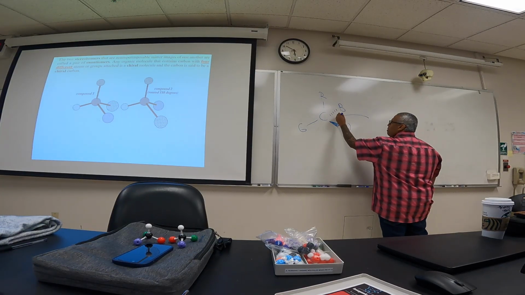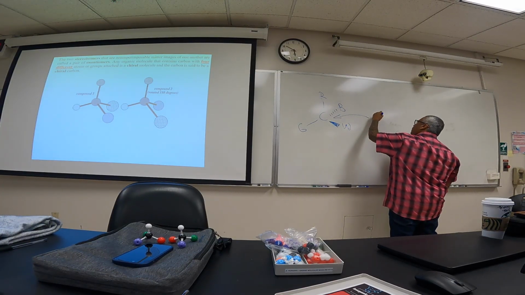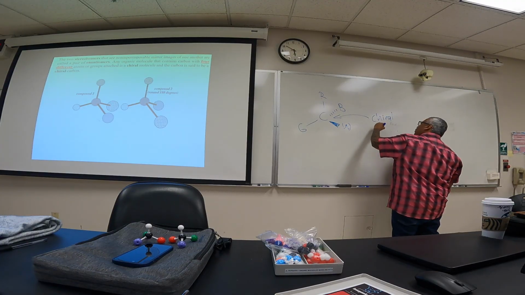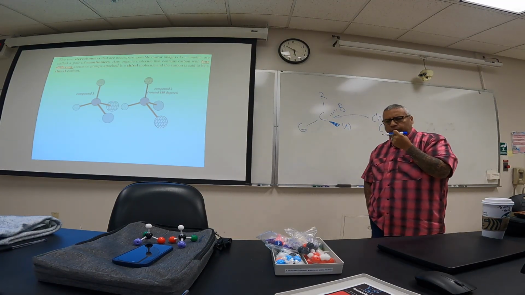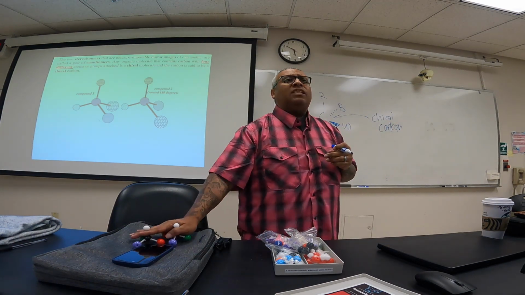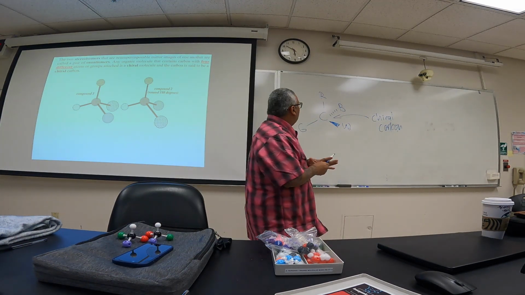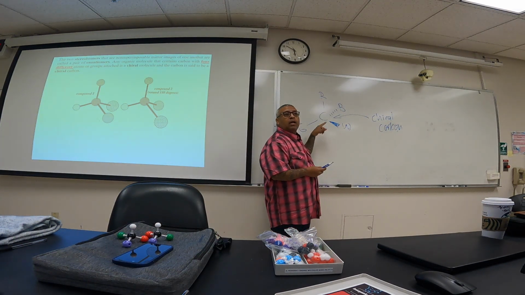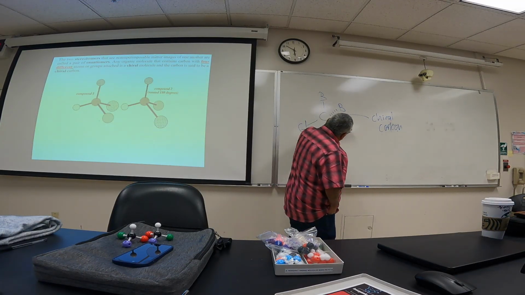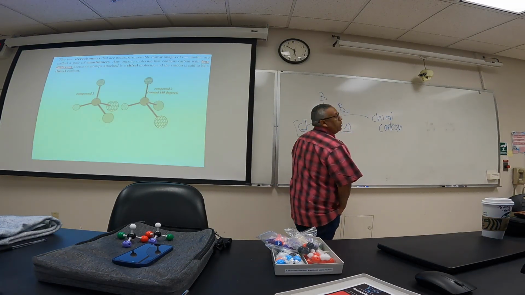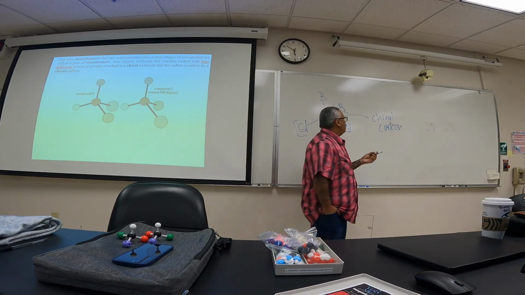But this is a chiral carbon. Right, that's our stereo center. That's why these are stereoisomers, because it has a stereo center, and we consider that stereo center here to be chiral because it has 4 different things attached to it. Right, it's 4 different things attached to it.